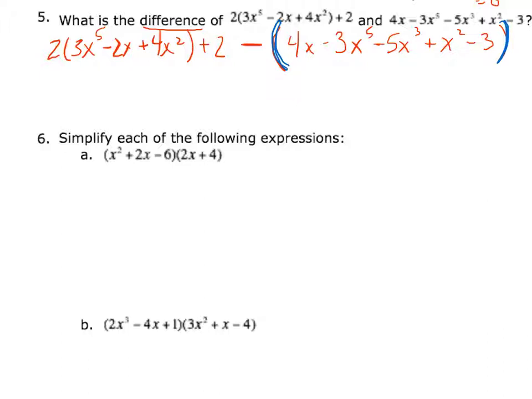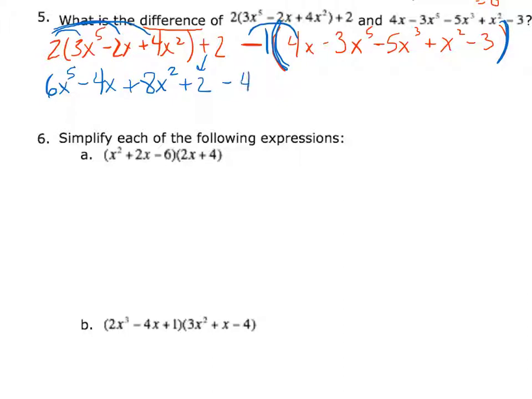So be really careful there. The next step is to just simplify. So distribute this 2. That's going to be 6x to the 5th minus 4x plus 8x squared, and then plus 2 comes down. And then distribute this negative 1.